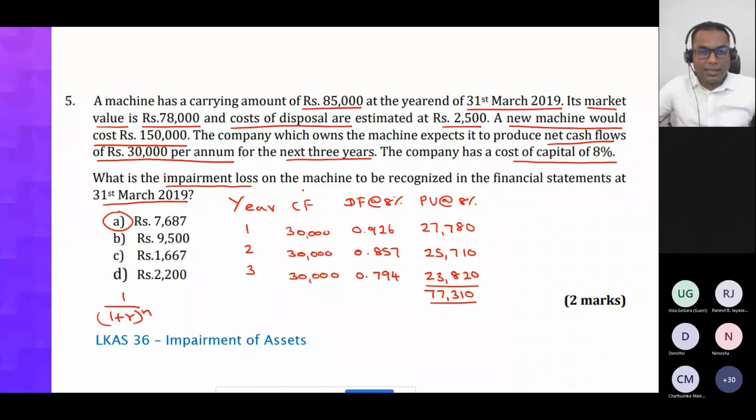As I mentioned, as the cash flows are the same in each year, to calculate the present value you can easily use the annuity factor. What is the annuity formula?